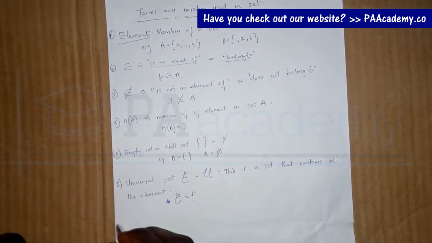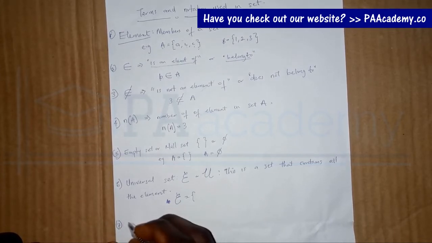Now let's look at number 7. Number 7, we call it a subset.